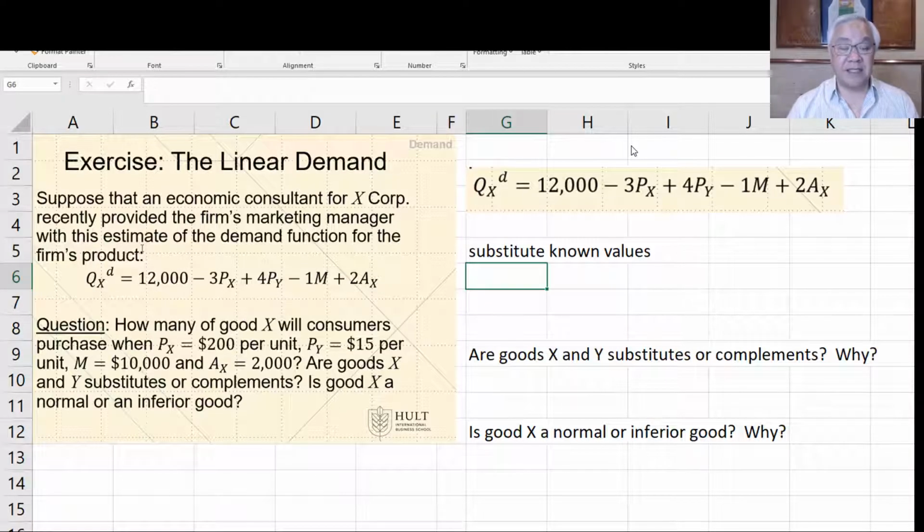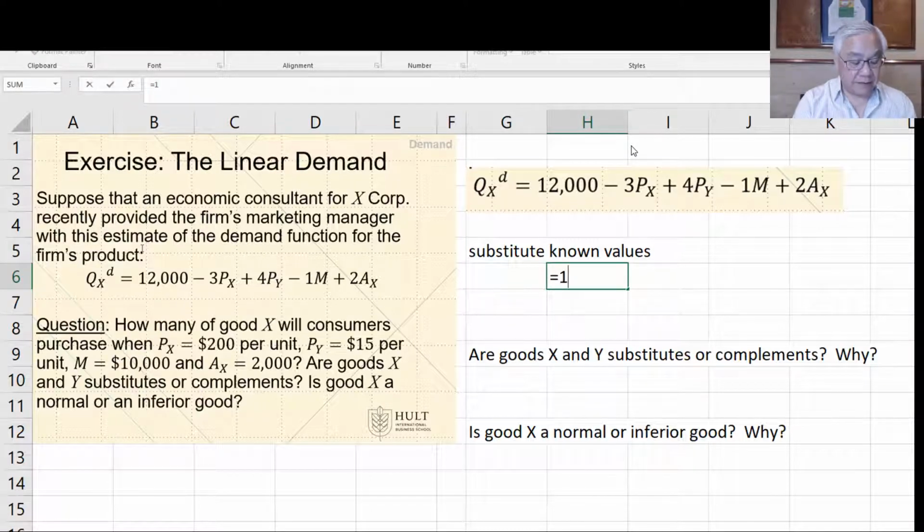So the first thing we do is quite simple. We just substitute the known values. So it's just equal 12,000 minus 3 times Px. Px is given at 200, plus 4 times Py, which is given to us at 15, minus 1 times income, which is given to us at 10,000, plus 2 times Ax, which is 2,000.